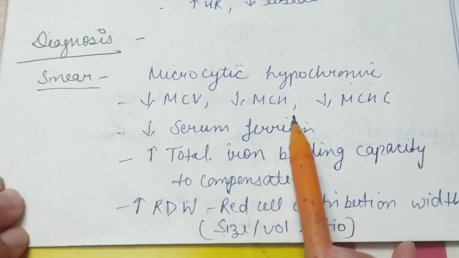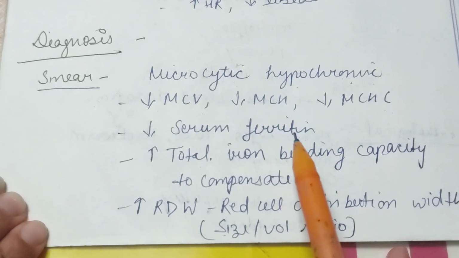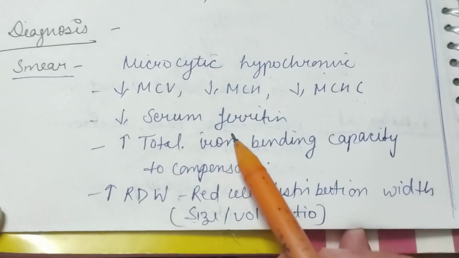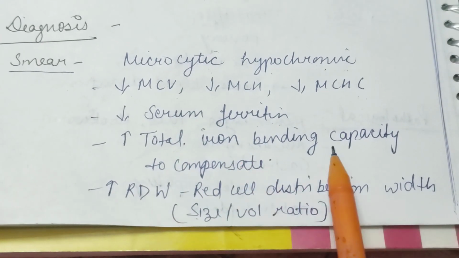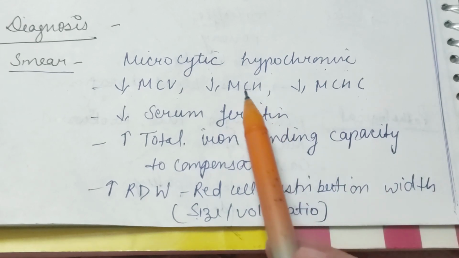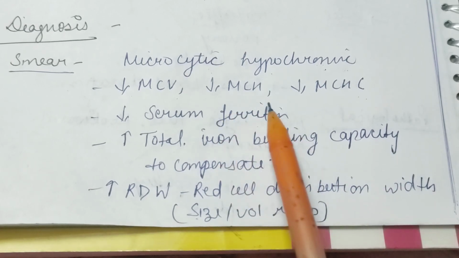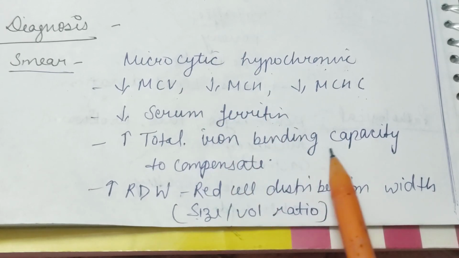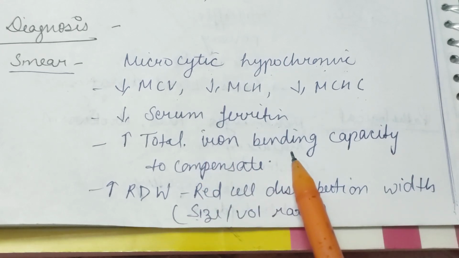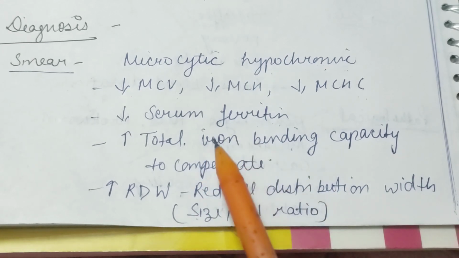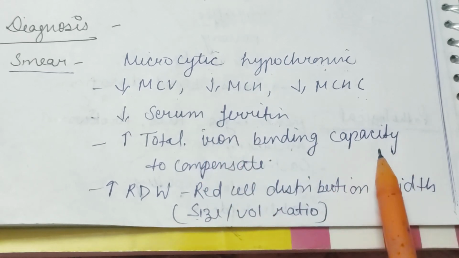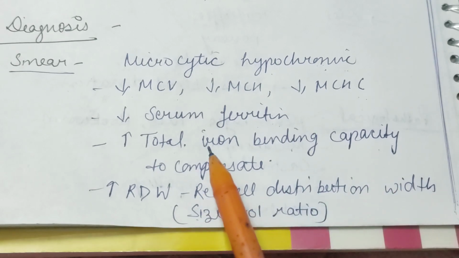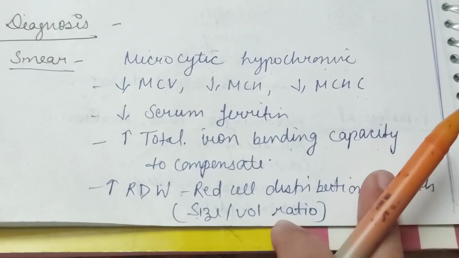Okay, serum ferritin is basically the iron form which is stored in tissue. So serum ferritin is decreased, then there is increased iron binding capacity. When iron is reduced and iron stores are reduced, then iron binding capacity increases; this is just a compensatory thing. Iron binding capacity is increased. Okay, so even less iron will be bound.